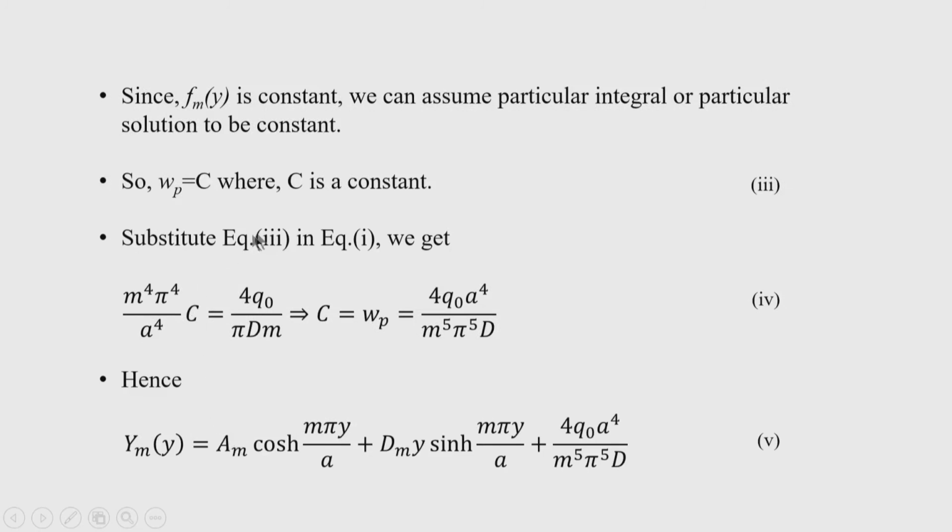So, after doing this, we get this equation from where c is obtained. c is nothing but the particular integral, 4 q naught a to the power 4 divided by m to the power 5 pi to the power 5 into d. You can see that m appears with a fifth power, so it will be rapidly converging.